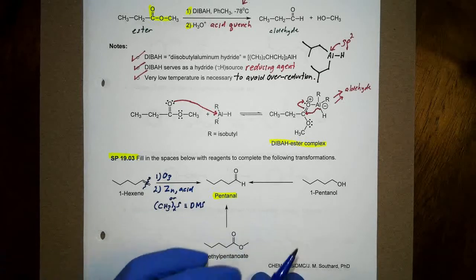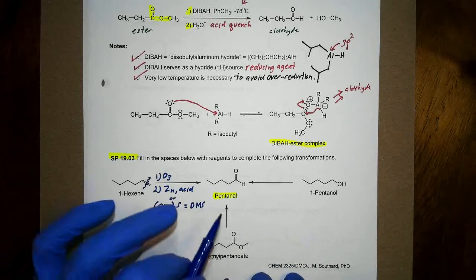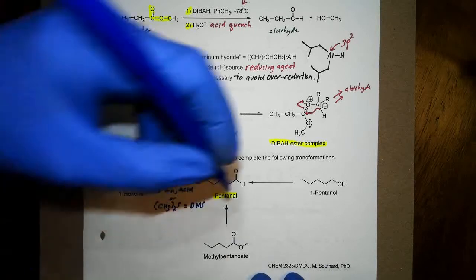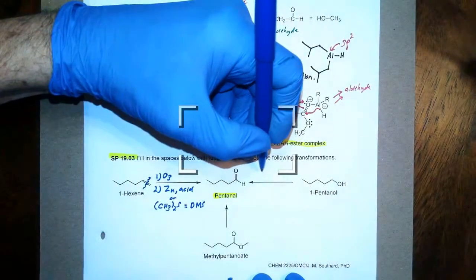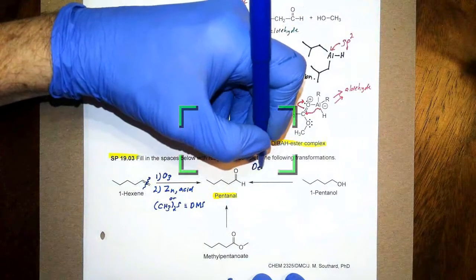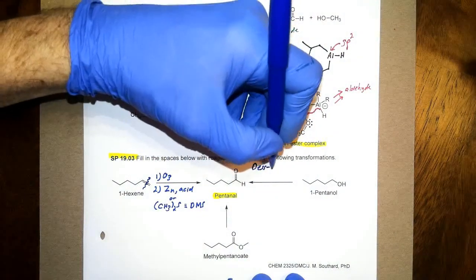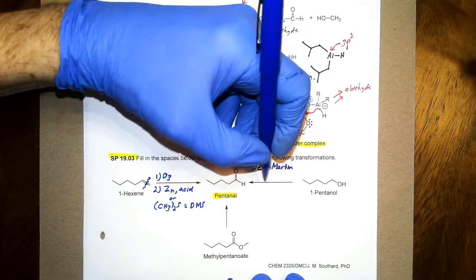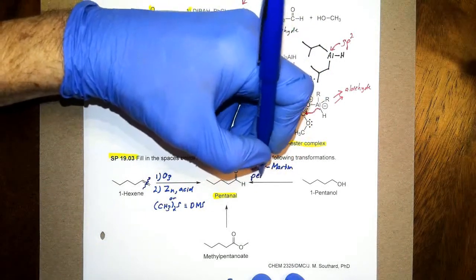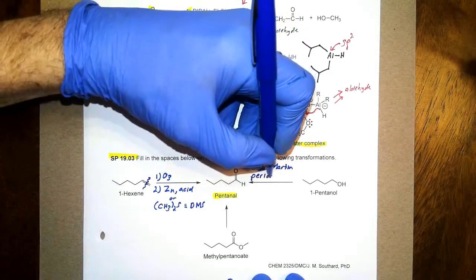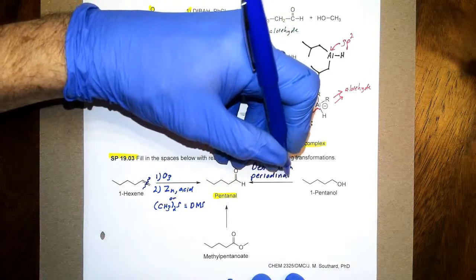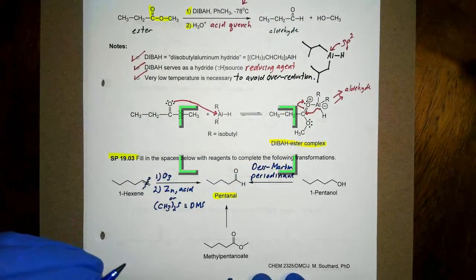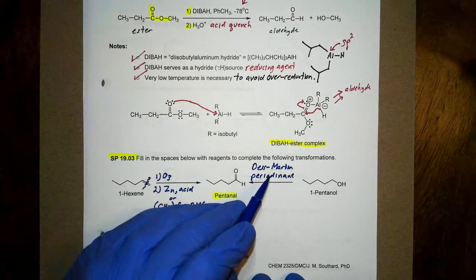Now over here on the right, how can you go from pentanol to pentanal? We've learned that there are two ways to do that. One of those ways is the Dess-Martin periodinane. Let's write that in. Dess-Martin periodinane is really a very good way to do that, but this reagent is super expensive.